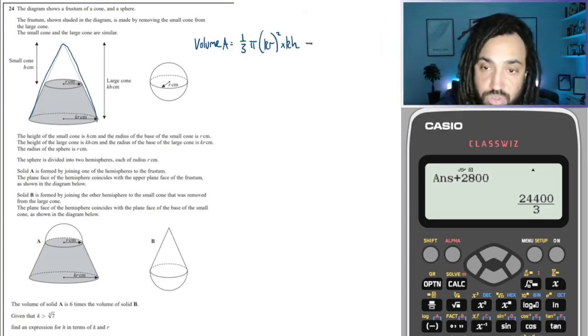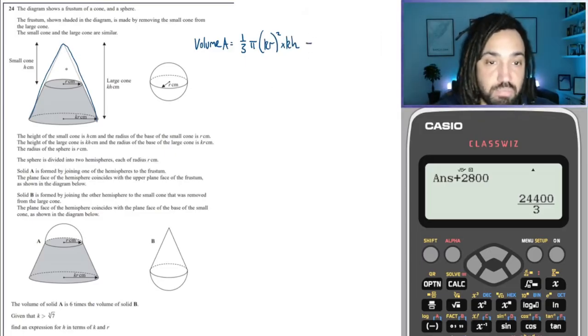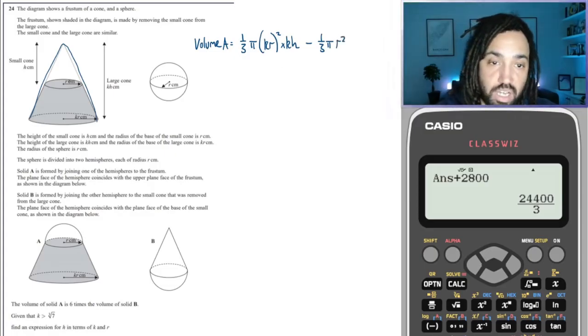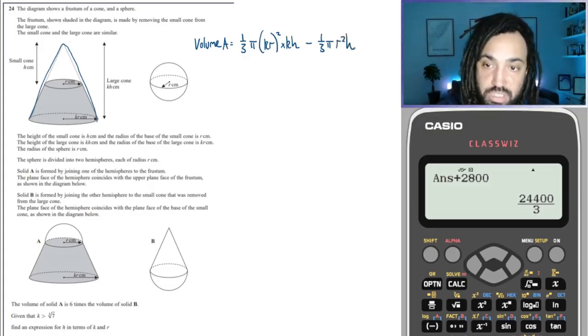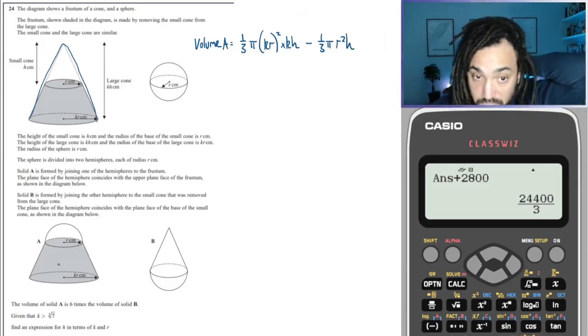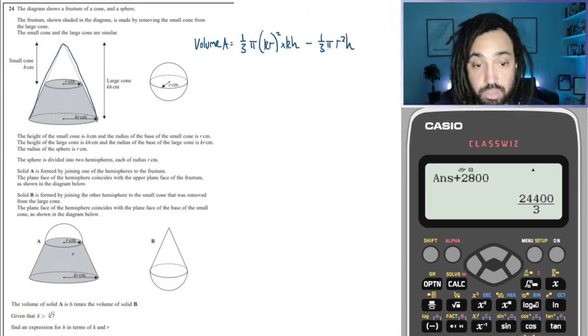And then we've got to subtract the smaller cone, which is a third pi, and the radius of the smaller cone will be r squared, and the height of the smaller cone will be h. So that's the frustum part, this part here, the large cone with the small cone on top chopped off.